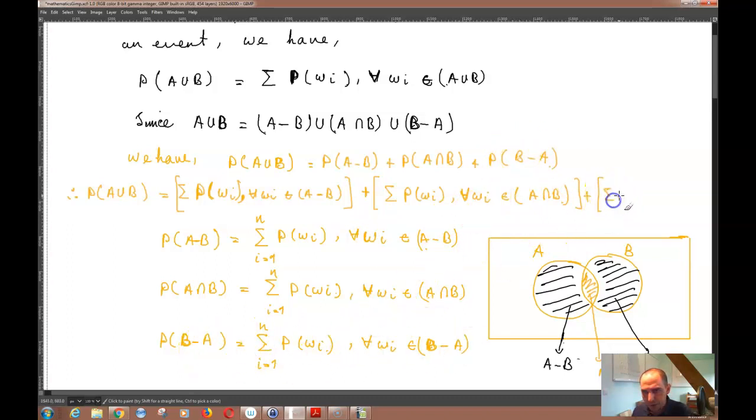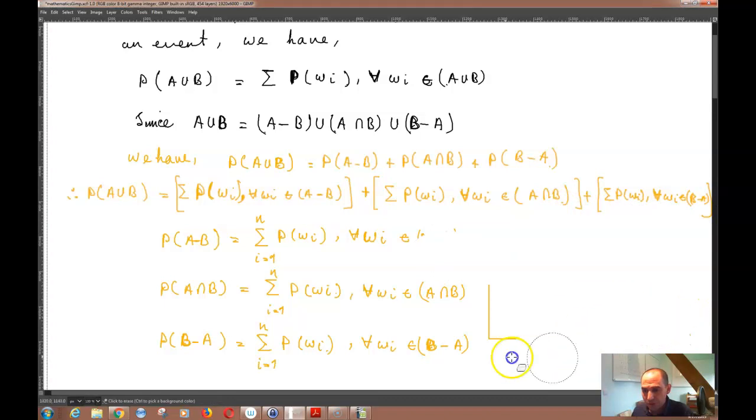So that's sigma of P of omega of I for all omega of I belonging to the set B minus A, for example. B minus A. Right? So that's basically what I can write.